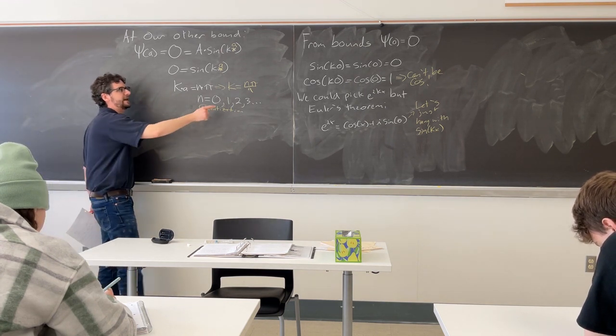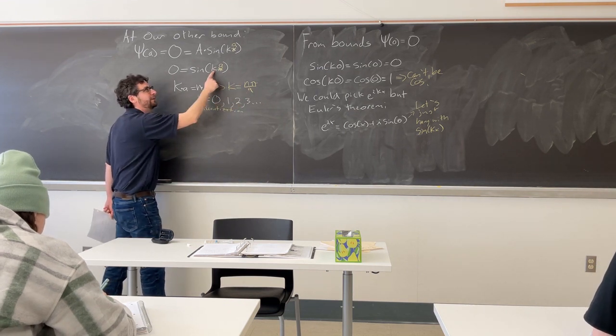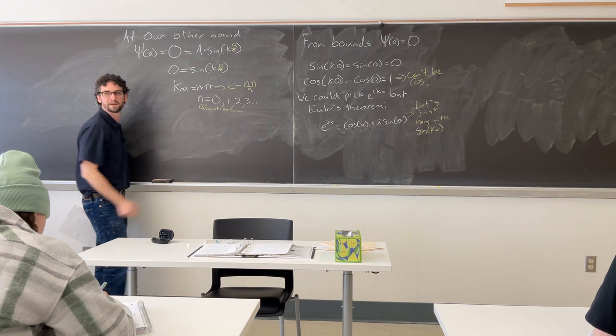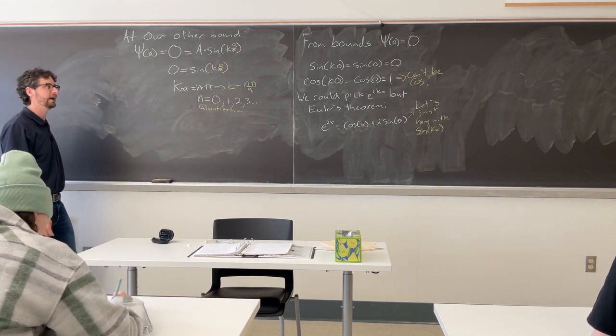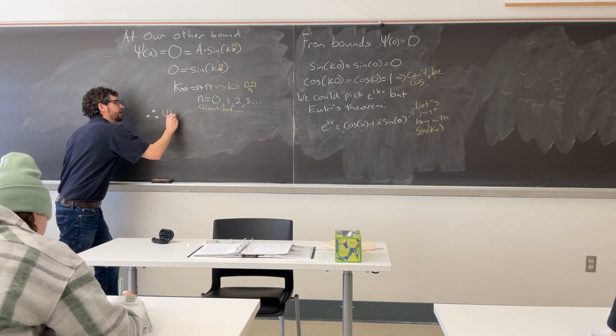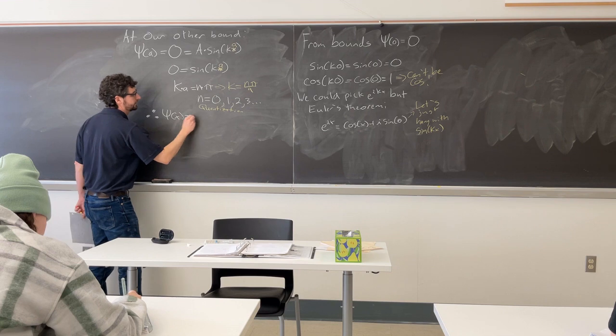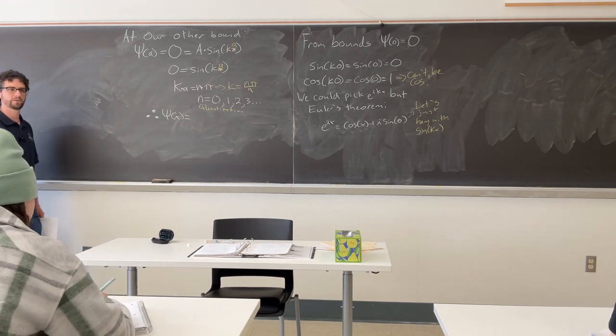So Lily, like you said, if k has divided by a, when we multiply it through, the a's go away. We're just left over with some factor of pi. Therefore, if we consider our wave function at any point x, what's the formula for our wave function going to look like?